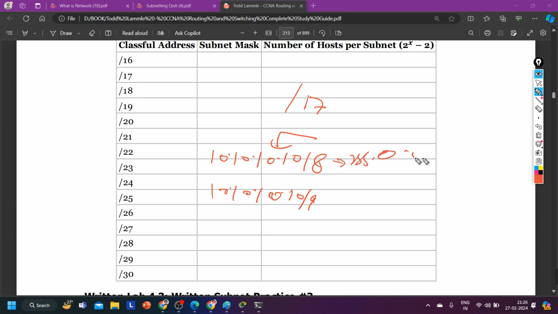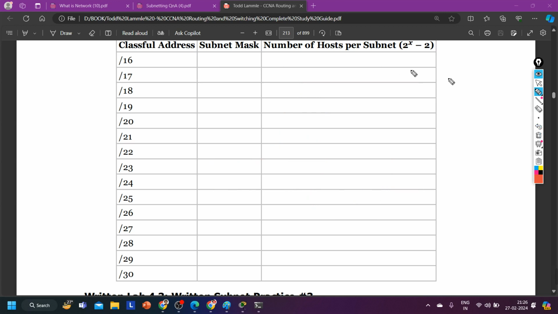So here the subnet mask can be 255.0.0.0. Here the subnet mask can be 255.128.0.0, right? Yes. So here you need to write down the subnet mask. Suppose there is 10.10.10.10 and slash 16, what will the subnet mask be? 255.255.0.0, correct. Last one is present in which octet?